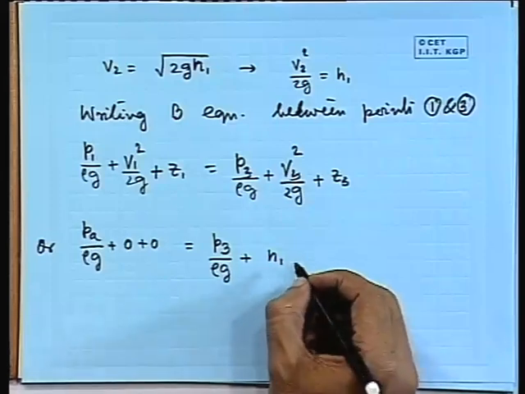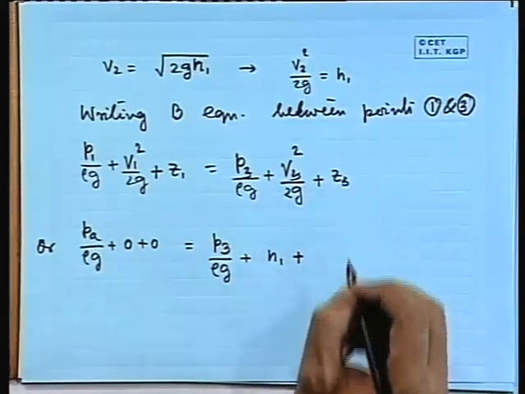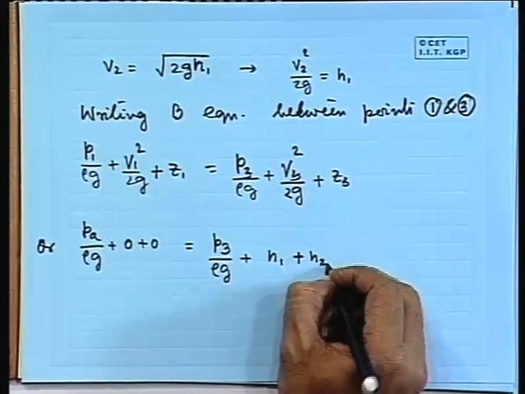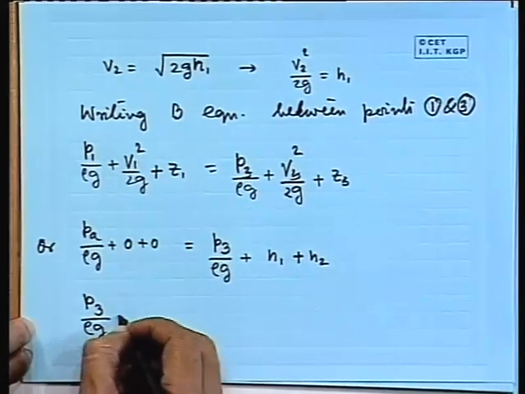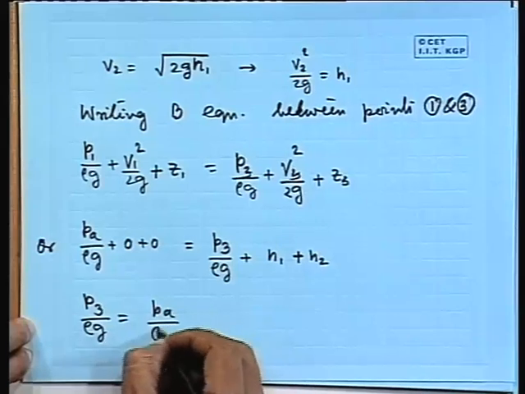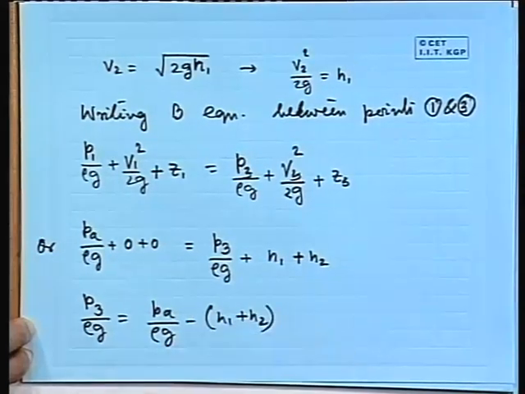That is what I have written, plus Z3. Z3 is equal to H2. So P3 by rho g is equal to Pa by rho g minus H1 plus H2.